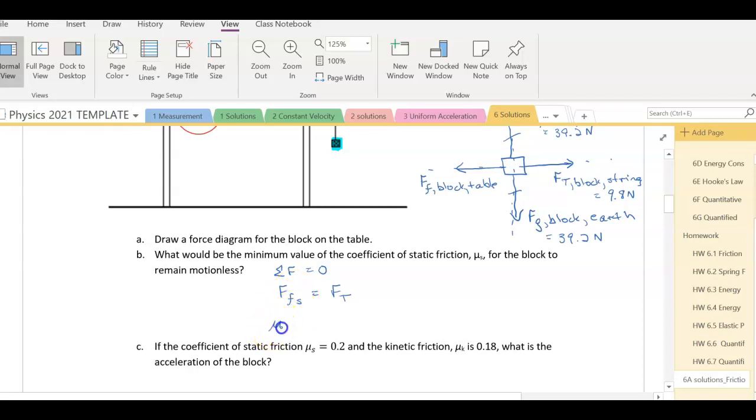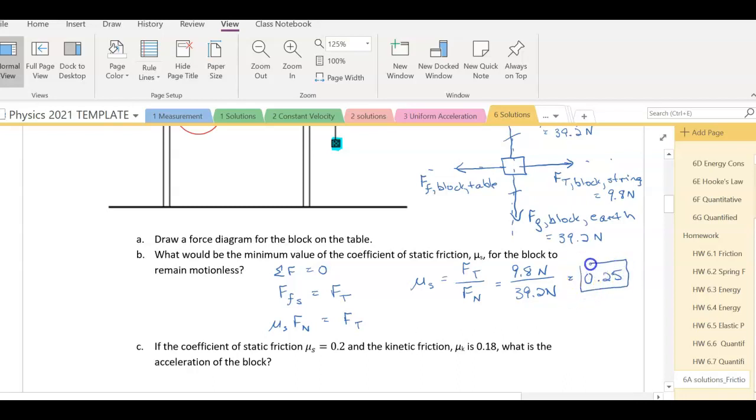The static friction force is the coefficient of static friction times the normal force. So I can solve for the coefficient of static friction: the tension force divided by the normal force, 9.8 divided by 39.2, that's 0.25.